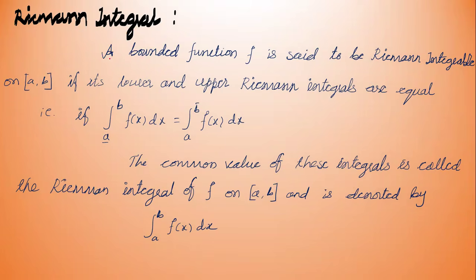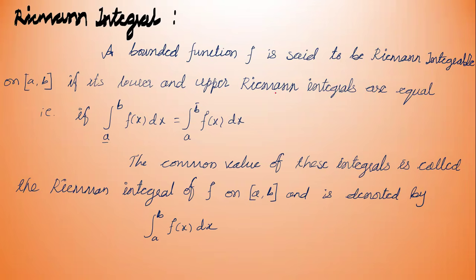Definition says, a bounded function f is said to be Riemann integrable on [a, b] if its lower and upper Riemann integrals are equal.